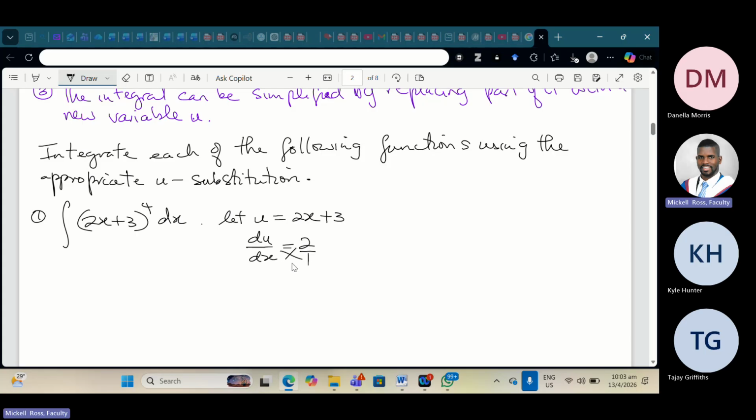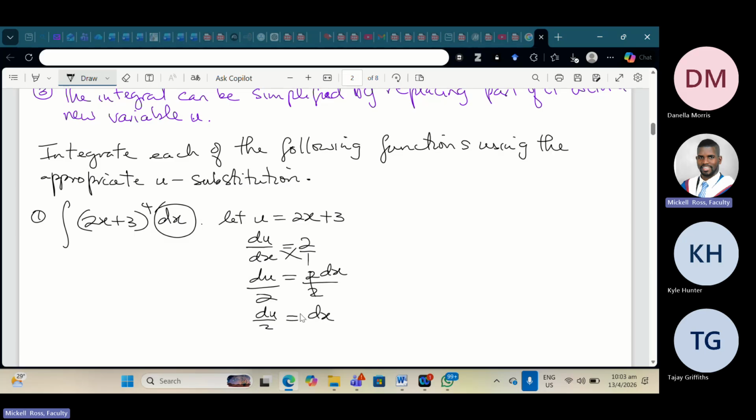And then we can cross multiply. So 1 times du is equal to du, 2 times dx is equal to 2 dx. But what I'm solving for is dx. Why am I solving for dx? It's because I need to find a replacement for dx in terms of u. Divide by 2, divide by 2. That means du over 2 is going to be equal to dx.